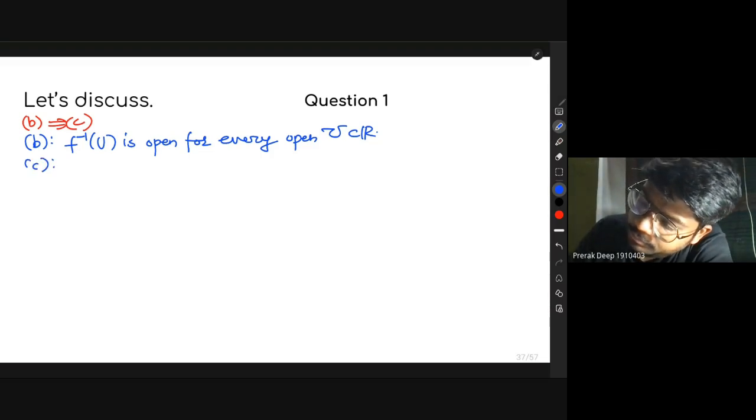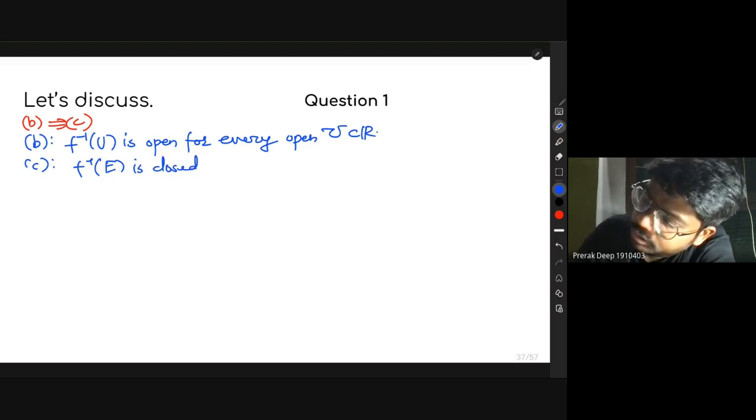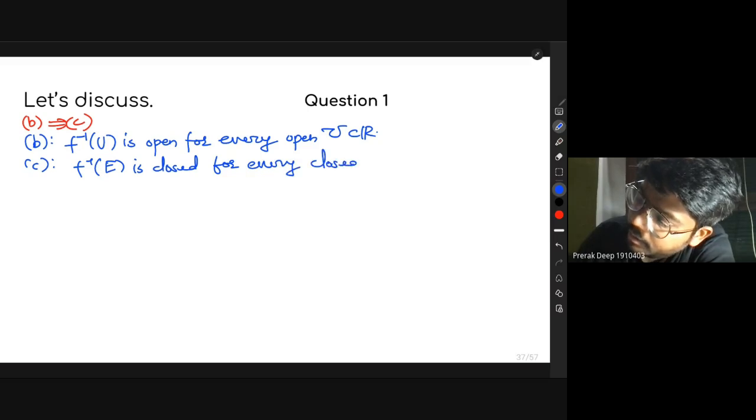C is f inverse of E is closed for every closed set E in R.